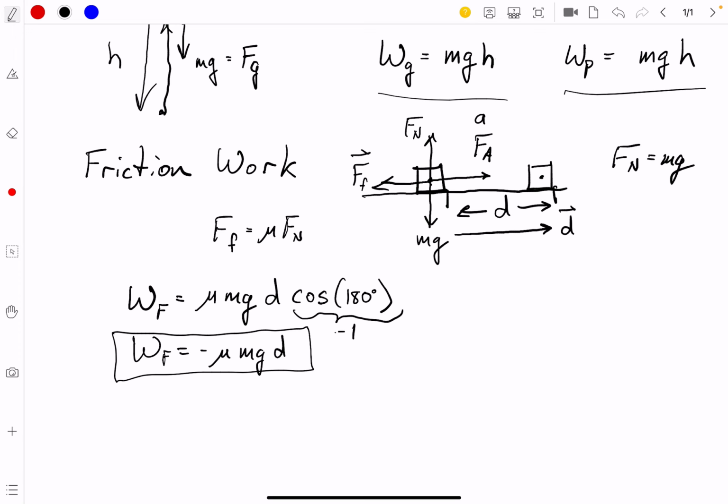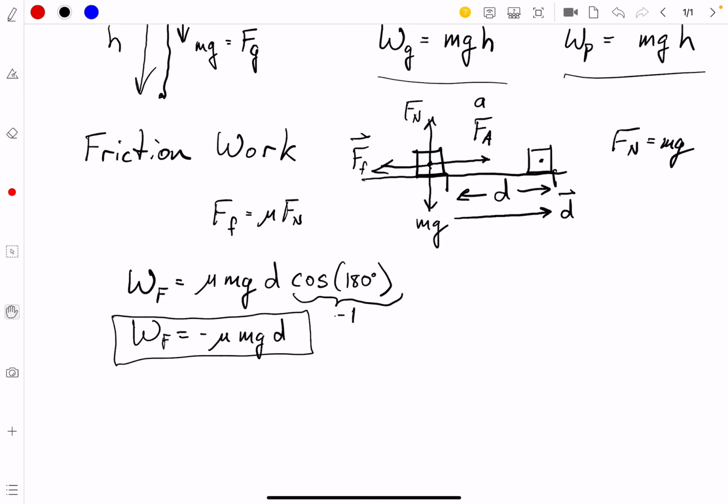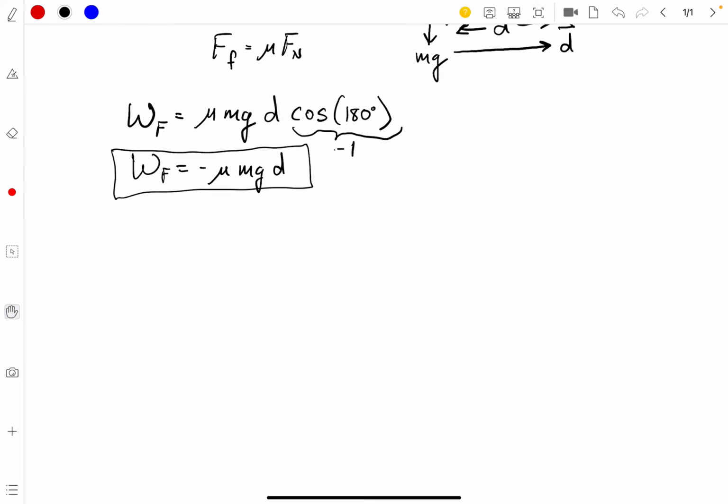Work-energy theorem. Let's talk about that. It's not really super complicated. In case you didn't get it the first time, the work-energy theorem. Okay. So what is this thing that we're talking about?